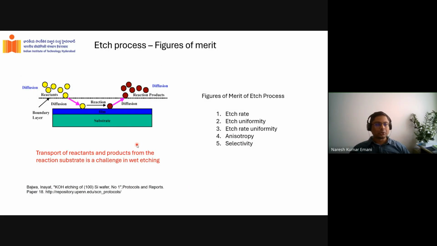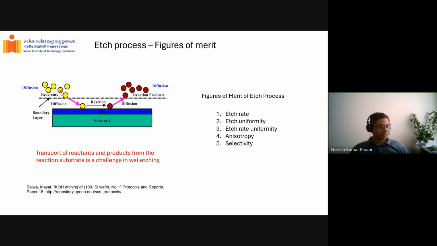All right. So when you talk of any etch process, we have certain figures of merit, so we have to compare with those things. If you understand them, you will be able to compare various etch processes. So what exactly is happening in the etch process? You have a substrate, you have a film, and then you have some etchant species.